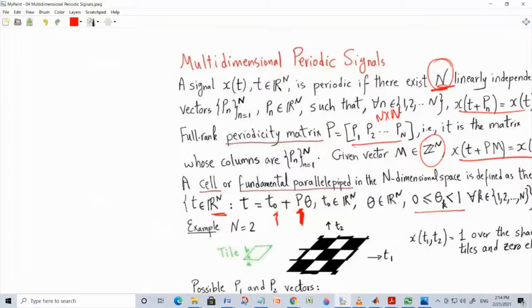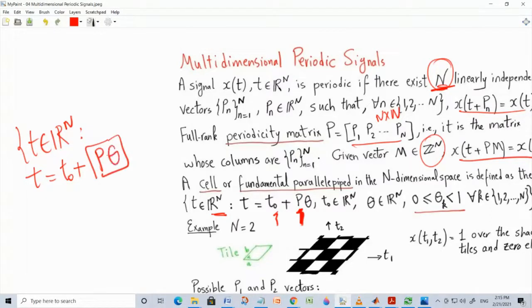Okay, so let me again write down what this thing is. Here we are talking about the points in the space satisfying that t can be written as some starting point, and typically we can put this equal to the origin, but it's also useful to keep it general, plus a very particular thing: P multiplied by theta.